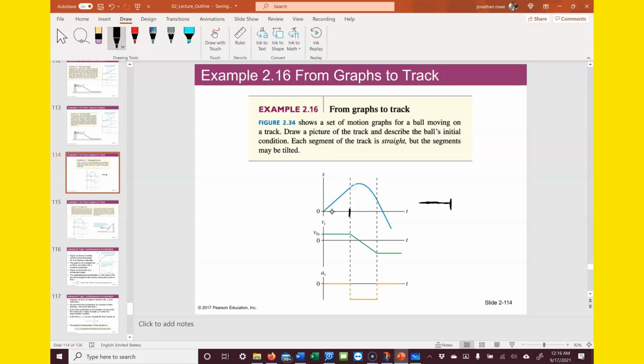Then what is the slope of this thing doing now? It's getting less and less, so it is negatively accelerated. It has a negative acceleration horizontally. How can we do that? Well, it certainly wouldn't be a downhill track. It would be an uphill track. That would make the acceleration point this way, right? The acceleration, as far as horizontal is concerned, would be pointing that way.